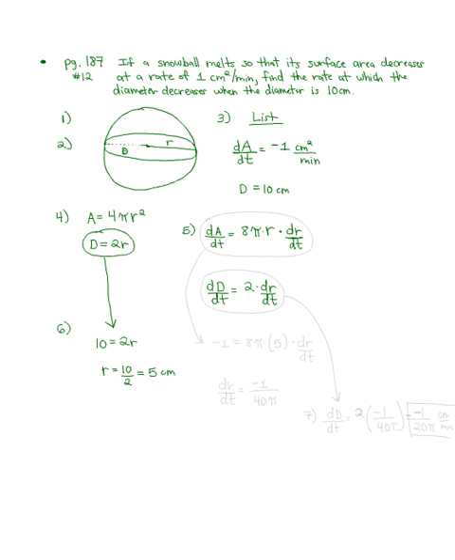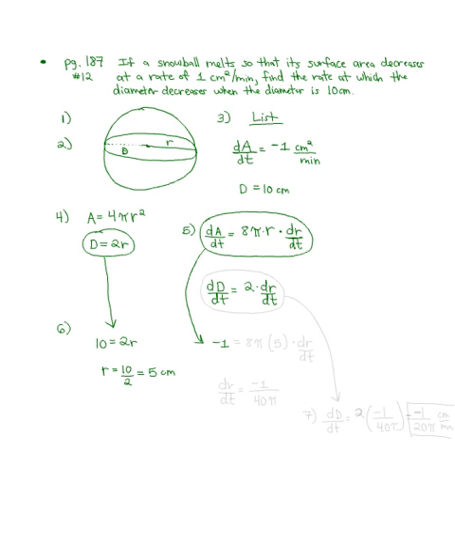Next, we take the derivative of area with respect to time, and we're going to take that down here and plug in our quantities. From our list, we know that dA/dt has a numerical quantity of -1.